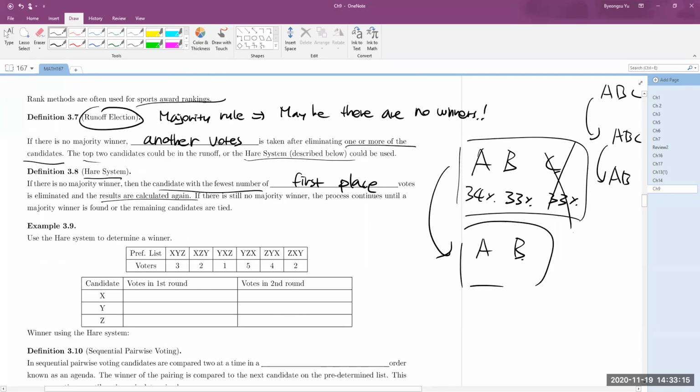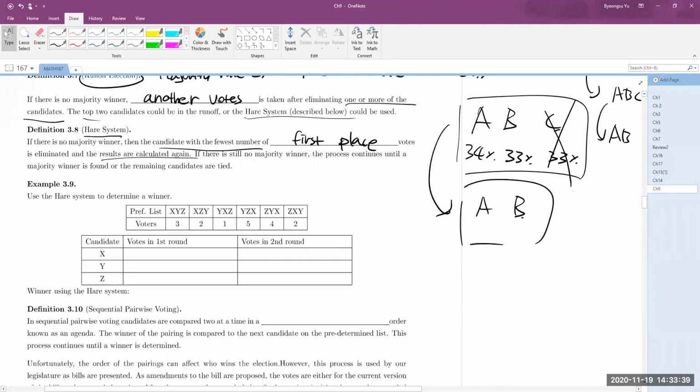So instead of holding the election again and again by dropping candidates, we just make all the people give a preferential list, and using that list without another election, we can take the runoff using the Hare system, right? So let's see some examples. The candidate with the fewest first place votes is eliminated, and the preference lists are recalculated over the remaining ones.